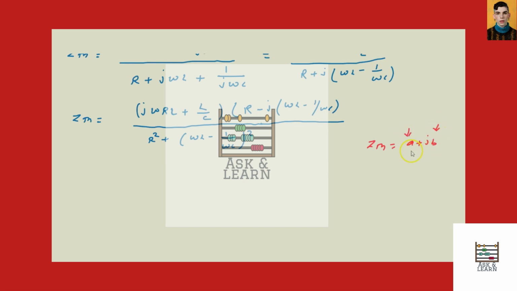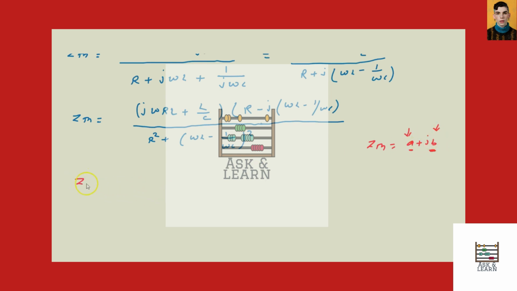When the circuit is purely resistive, the effective reactive component will be 0. It means the imaginary component will be 0. So if our circuit is to be purely resistive, we put the imaginary component, or reactive component, equal to 0, right?